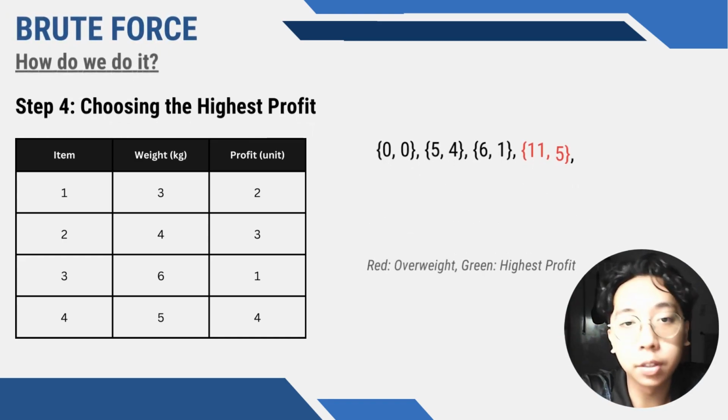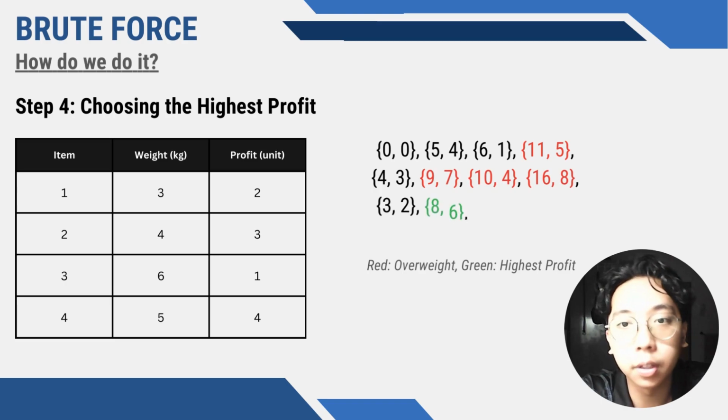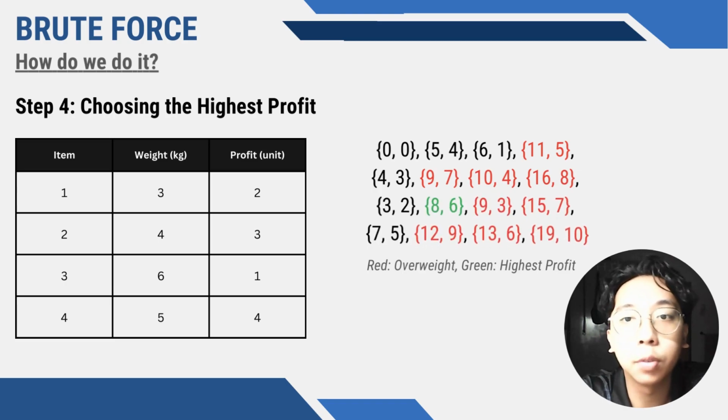For the fourth and final step, we'll be choosing the highest profit. Now, how do we do this? We basically have to go through the whole array again and find out which combinations go over our parameters, and then from the combinations that still follow our parameters, we can choose the highest profit.